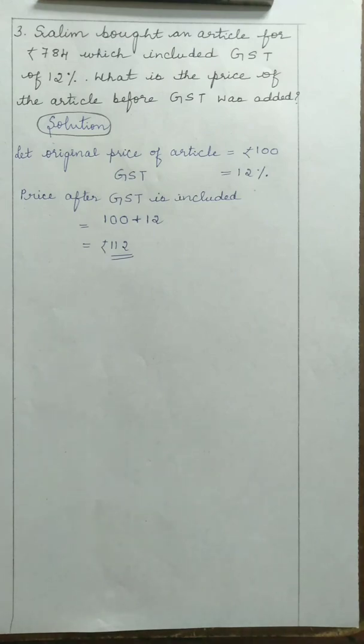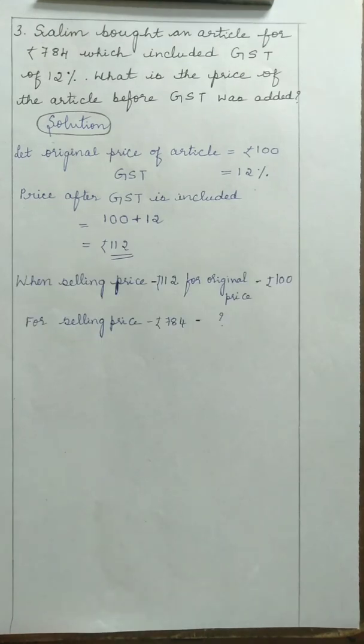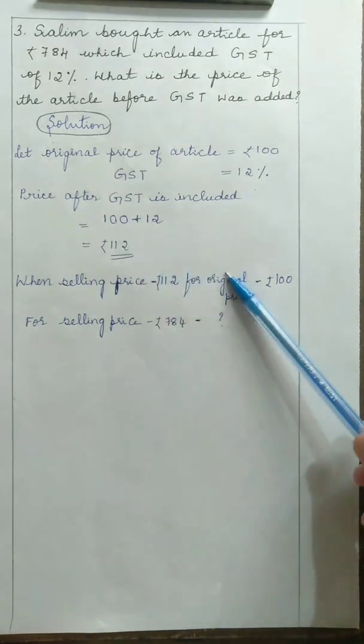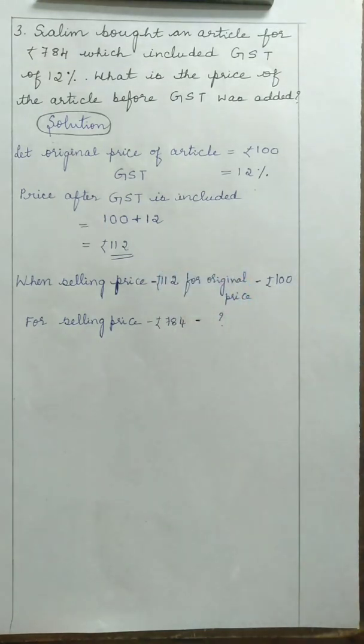Therefore, children, for rupees 784, the GST is included. Now, in the next step, when selling price is rupees 112, the original price is rupees 100. In the problem we need to calculate the price of the article before GST was added. That means we have to find out the original price of the article.